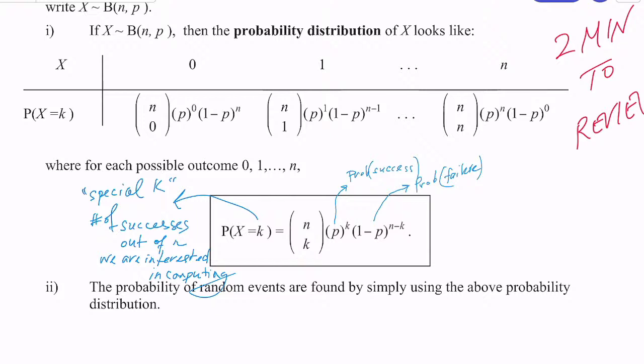Okay, K is the number of successes out of N we are interested in computing. So this is the probability of a success, and this exponent is saying multiply the probability of success times the probability of success times the probability of success, the number of successes we're interested in. And this portion says multiply the probability of failure N minus K times. So what does N minus K mean?